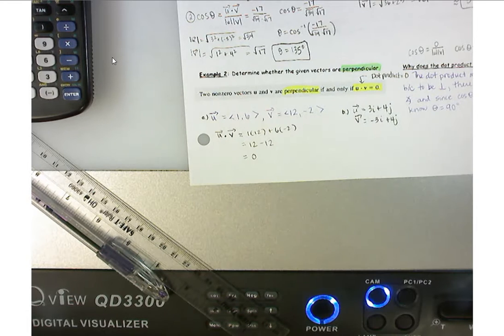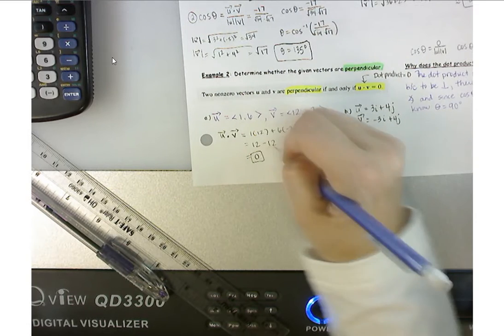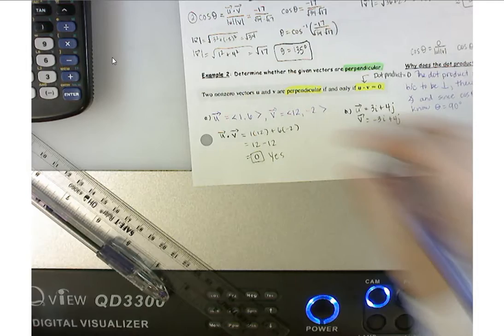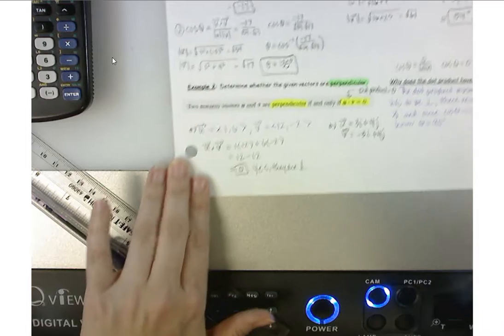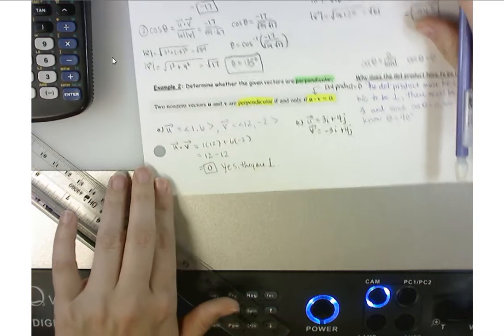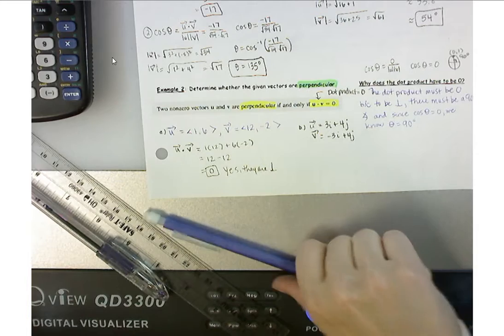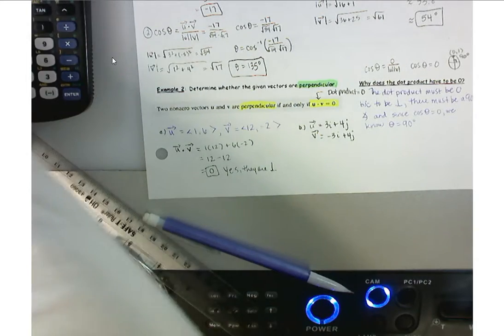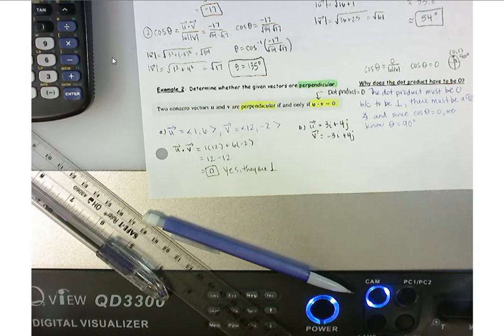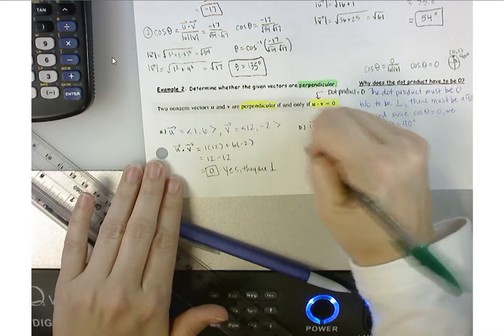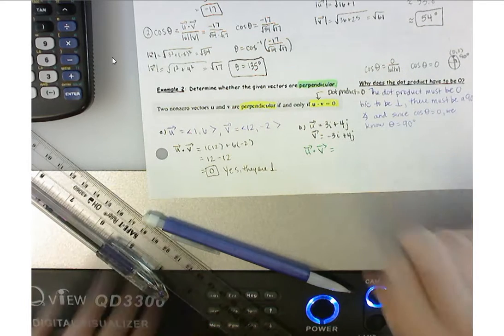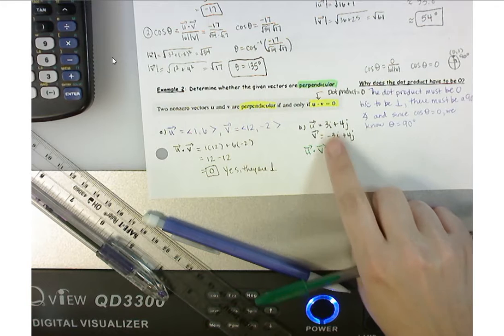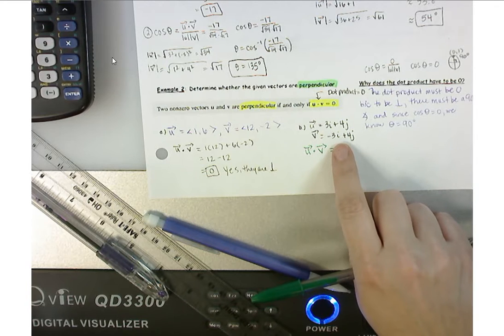Okay, so for the first one, you did get 0 as the dot product. So that means yes, they are perpendicular. And then for the second one, are you guys already done with that one? Remember, when you do the dot product, even if you have i and j, you are not taking your i and j.